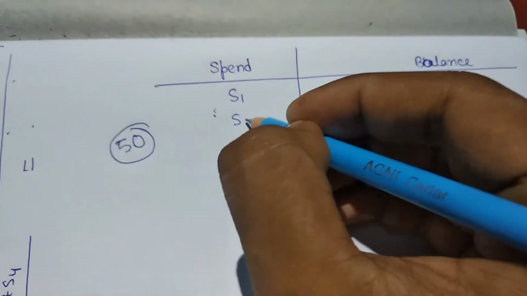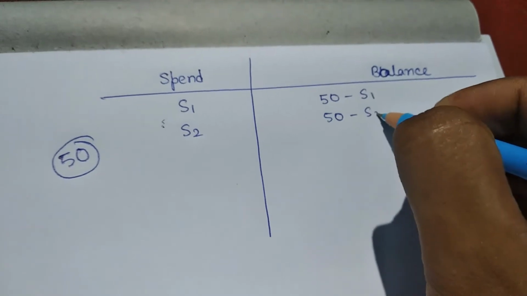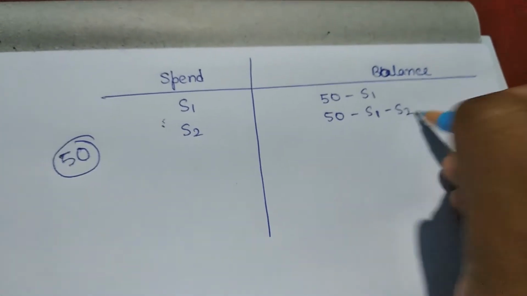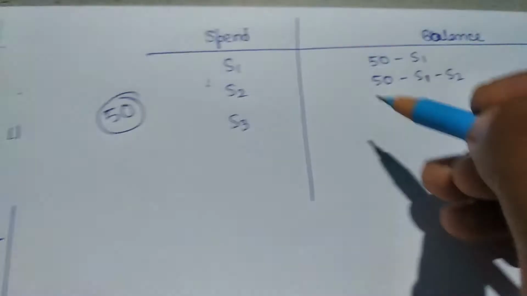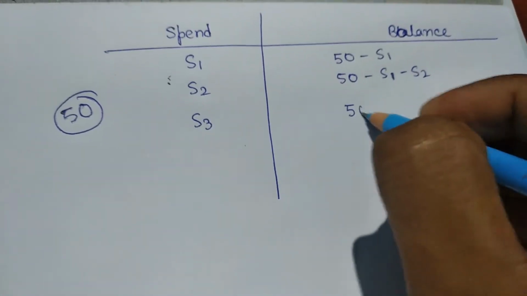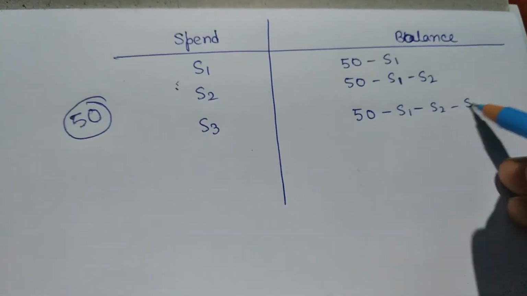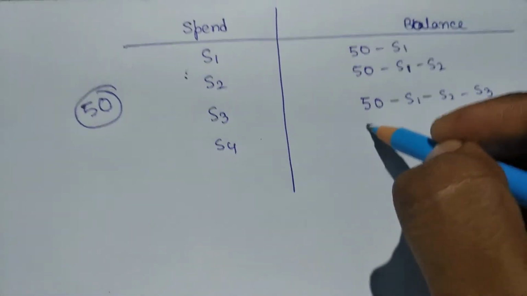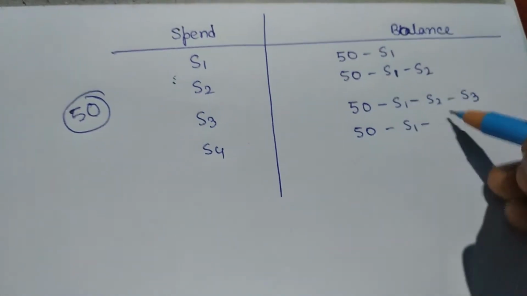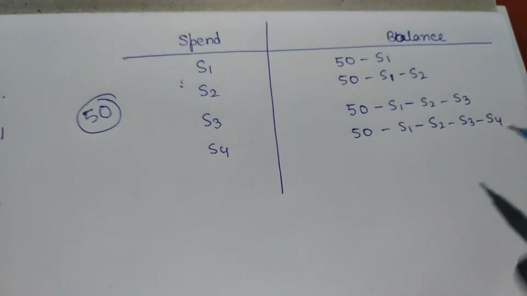Then I spend S2, so 50 minus S1 minus S2 is remaining. Then I spend S3, then 50 minus S1 minus S2 minus S3 remains. Then finally I spend S4, so 50 minus S1 minus S2 minus S3 minus S4 remains.